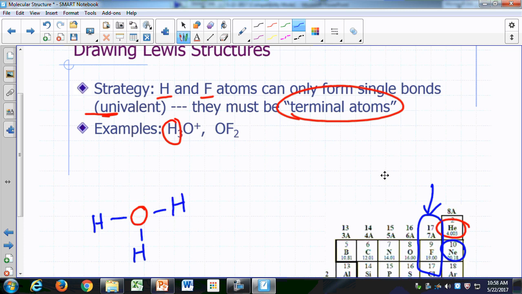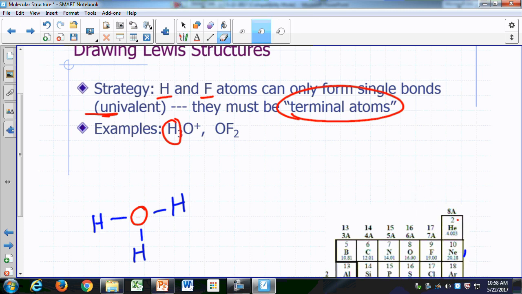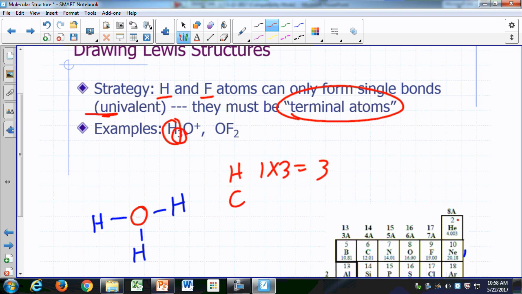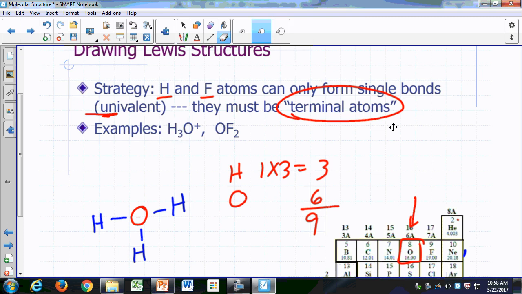So you connect the 3 hydrogens to the oxygen, and then let's figure out how many electrons we need to show. Each hydrogen contributes 1, you've got 3 of those, times 3, and the oxygen belongs to group 6A, so it contributes 6 valence electrons. That's 9 valence electrons, but you have a +1 charge, so minus 1.